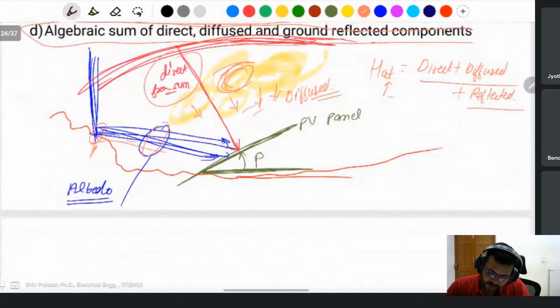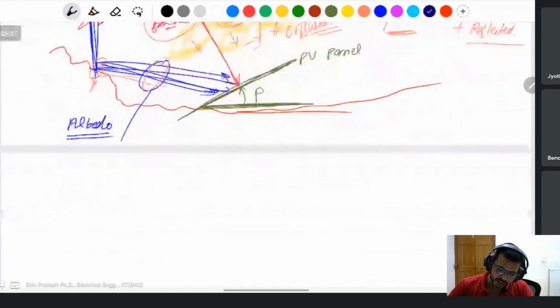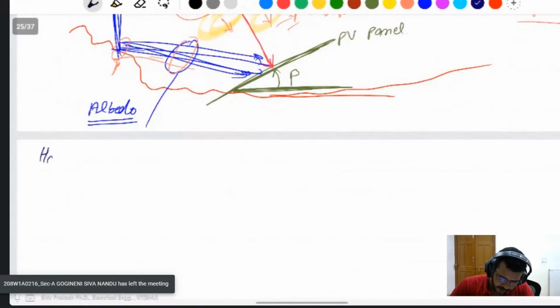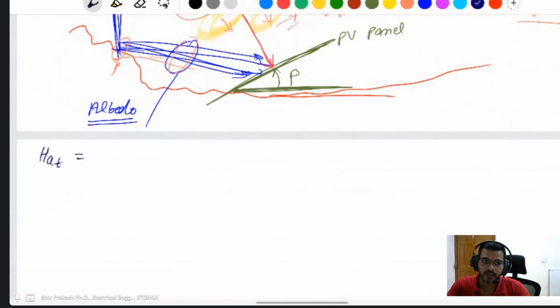By this one, the total energy HAT, it means the A is with atmospheric effect, and T means a tilted panel.